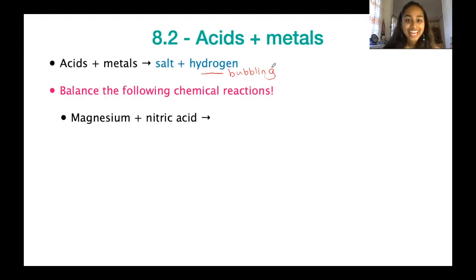Let's have a look at some chemical reactions then. Our first reaction is magnesium and nitric acid. We're going to go through how you can balance these together. Magnesium is a metal, nitric acid is an acid, so we know that it's going to make a salt and hydrogen.